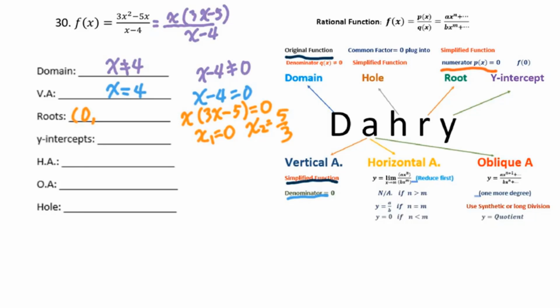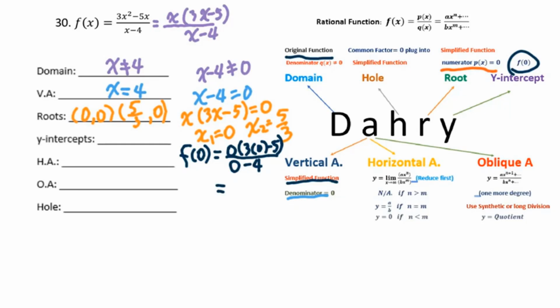Therefore, you will get 0, 0, and 5 over 3, 0. For y-intercept, that's f of 0. So f of 0. Plug in. You will get 0, 3 times 0 minus 5 over 0 minus 4. Any number times 0 will be 0. So you got 0, 0.